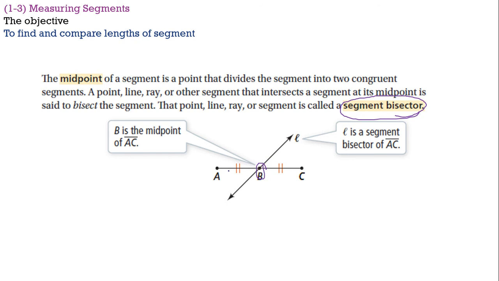Why? Because it divides AC into two congruent segments. The line L passes through this point and divides the segment into two congruent segments, so we can call it a segment bisector.